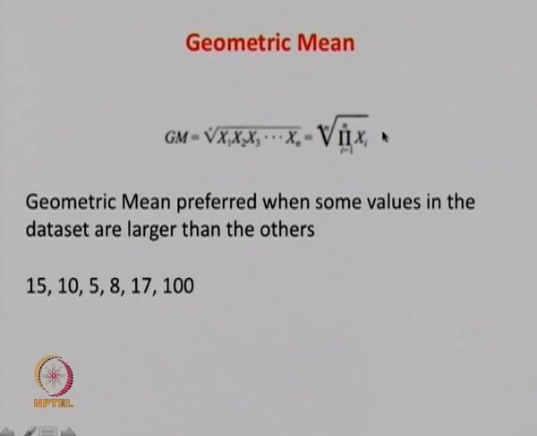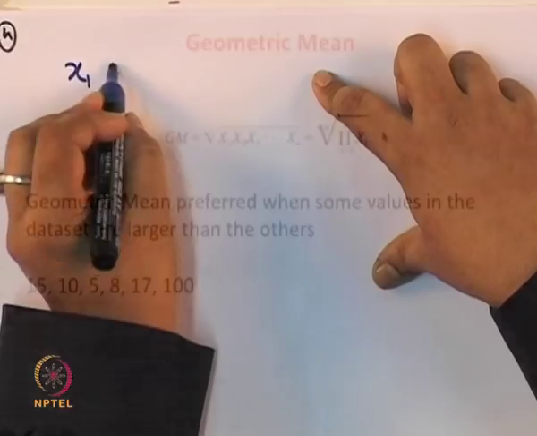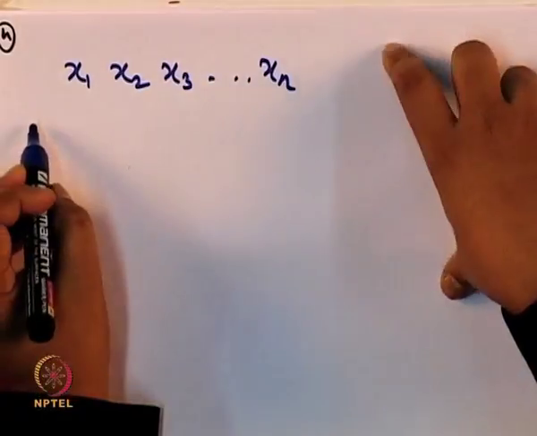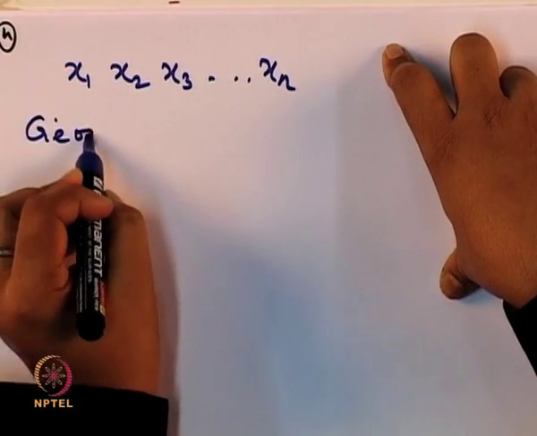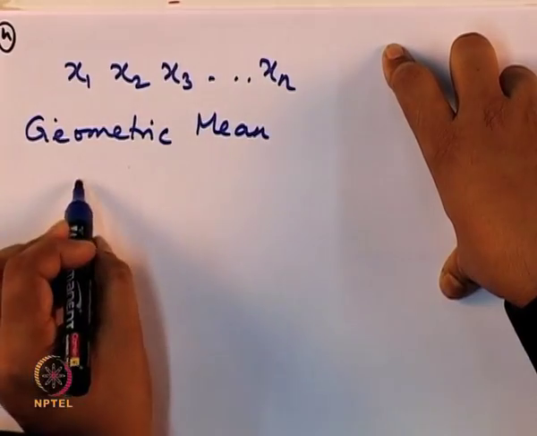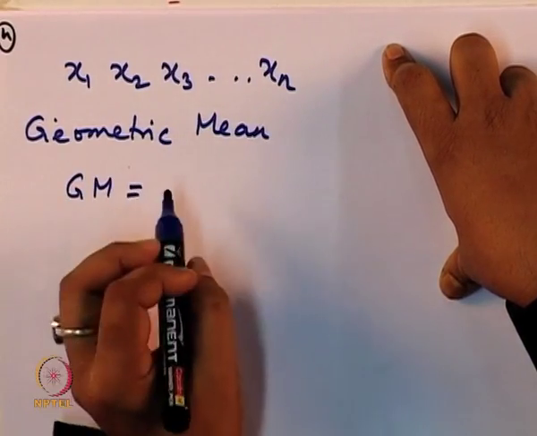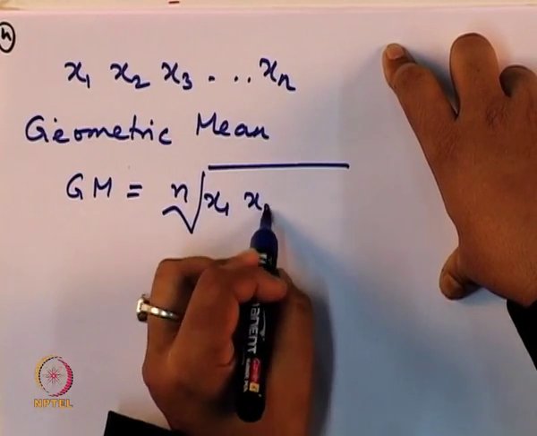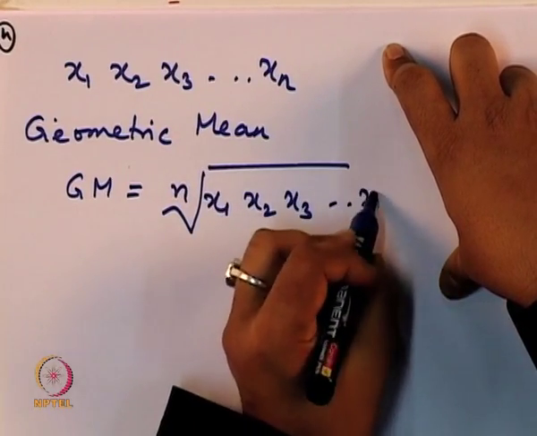Okay. So, if we have n numbers x1, x2, x3 dot dot dot xn, the way we do geometric mean, and in short we write GM is equal to nth root of x1 into x2 into x3 dot dot xn.